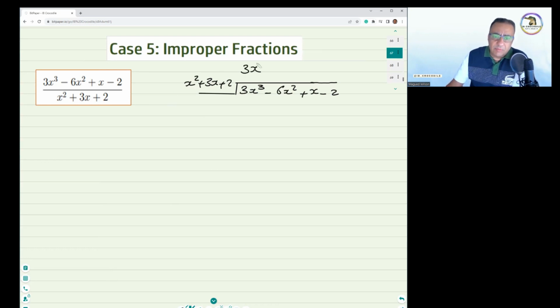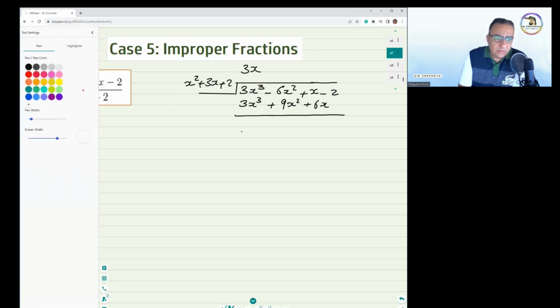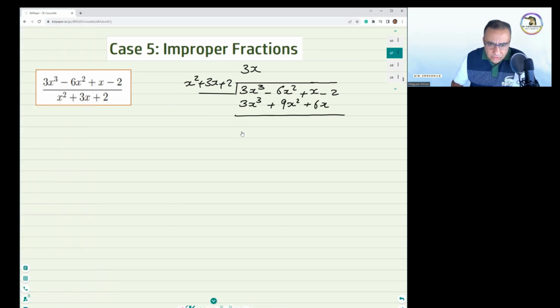And then you multiply it back, right? So 3x times x squared is 3x cubed, and then we have plus 9x squared plus 6x. And then change the signs. Please don't forget to change the signs.